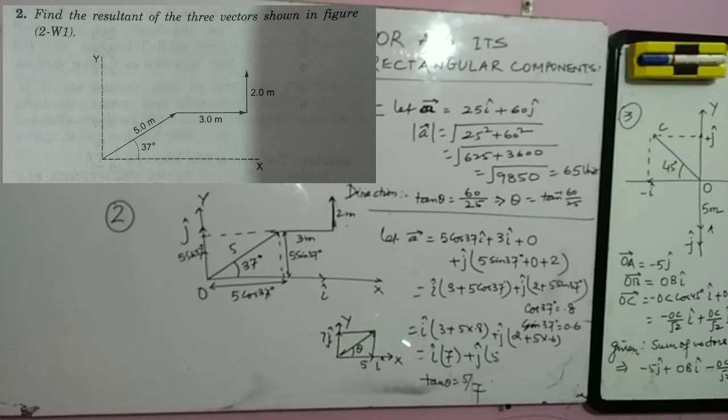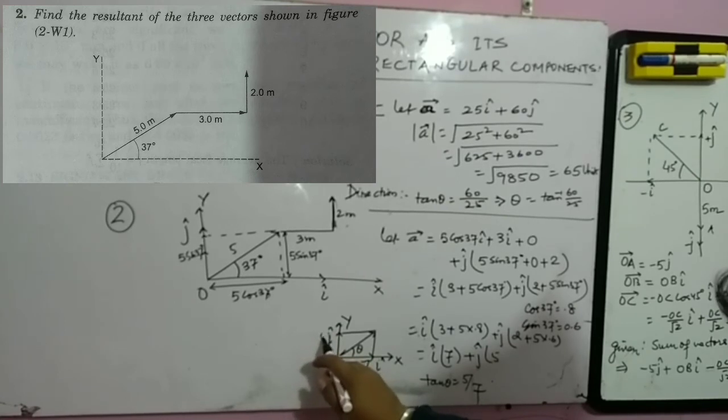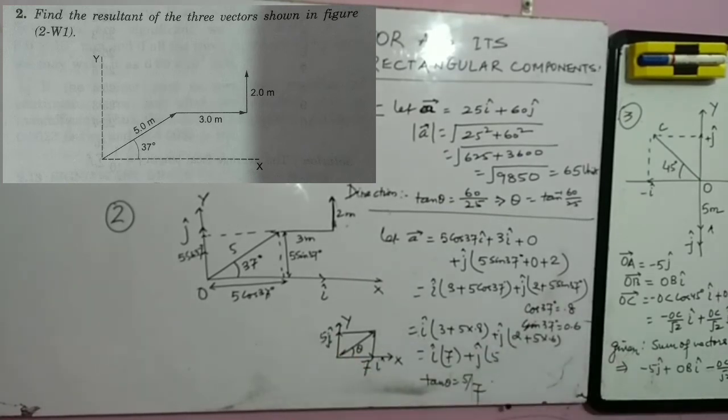So now the A vector is 7i plus 5j, right?